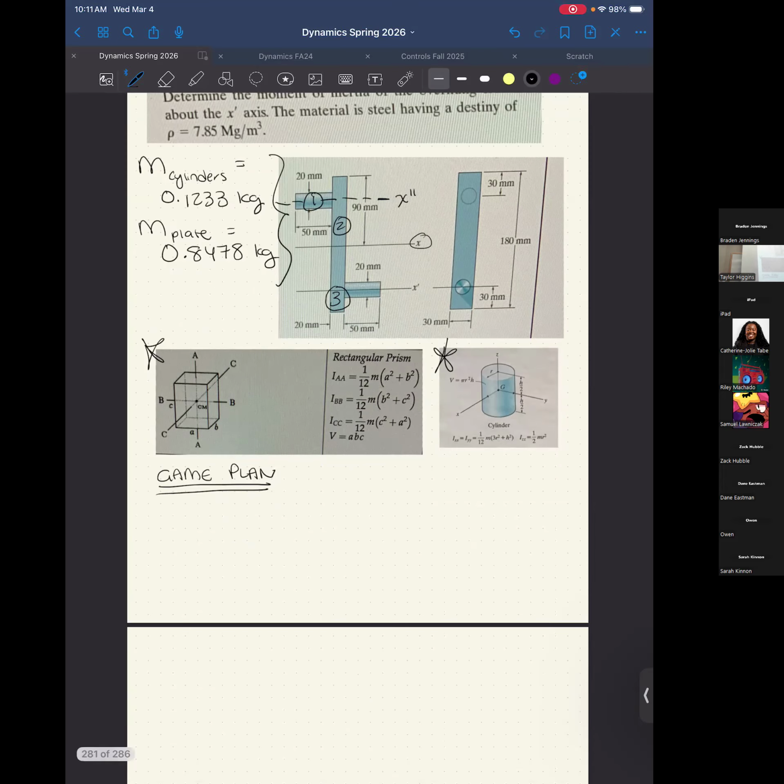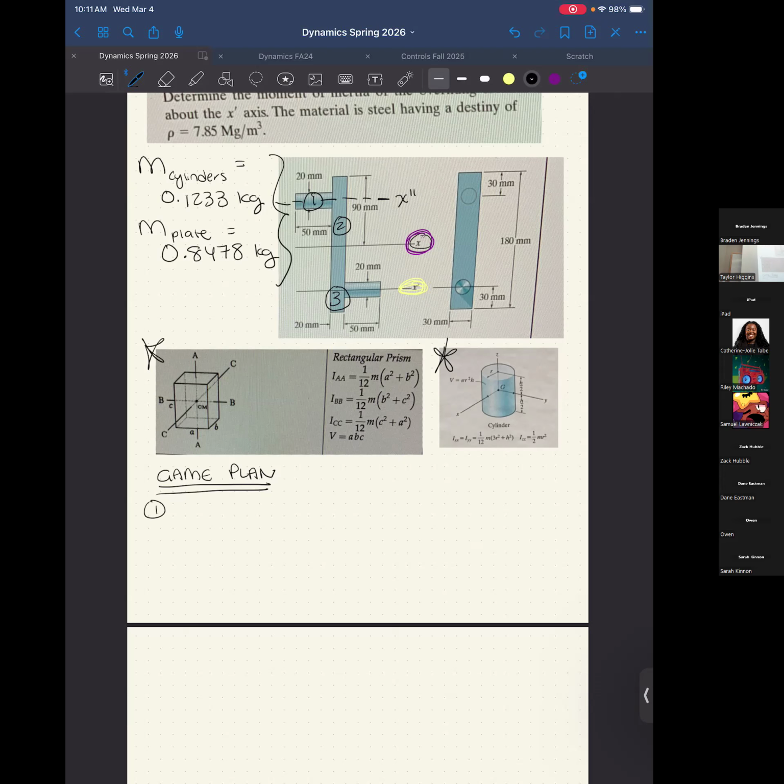So it's asking you about X prime. But it's actually best to use X as a waypoint because X goes through the center of gravity of the whole body. So you can do this in two steps.